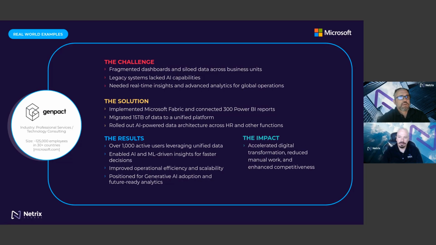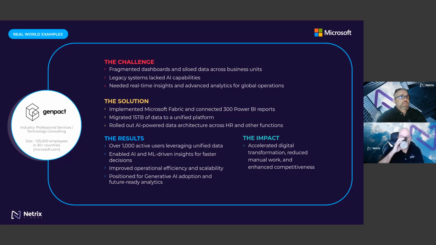And our final real-world example here is with Genpact. Genpact's a global professional services firm with over 125,000 employees in over 30 countries. And similar story, they needed a unified AI-powered data platform to accelerate their transformation and be able to deliver insights across their enterprise.